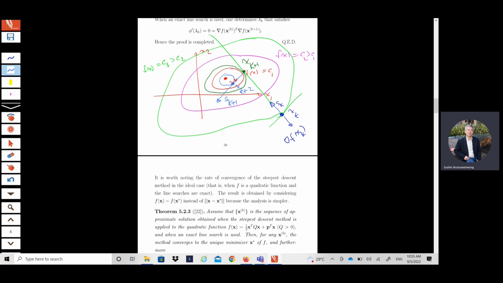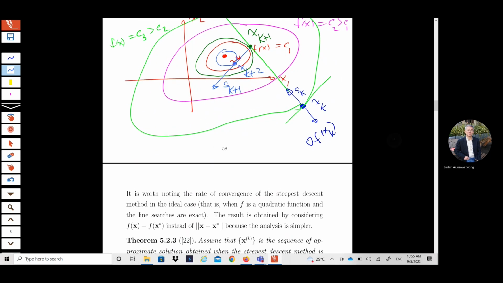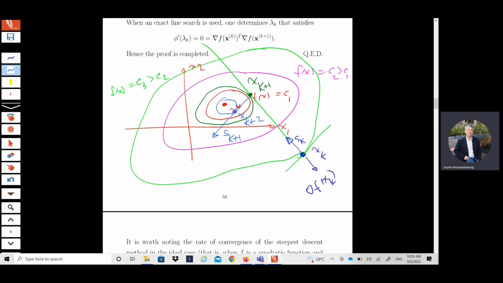Now you can see that the vector sk plus 1 is orthogonal to the vector xk plus 2 minus xk plus 1. This vector is orthogonal to this vector.